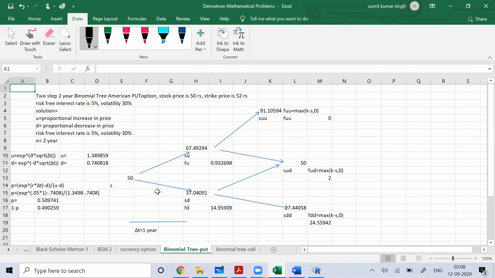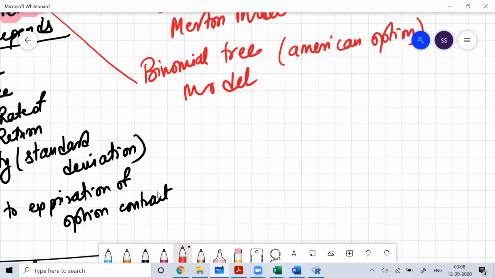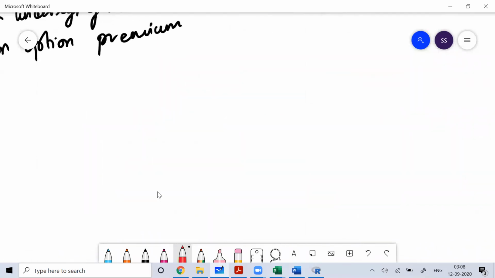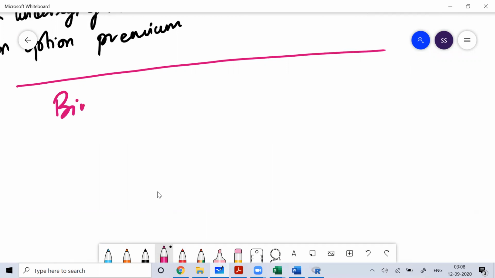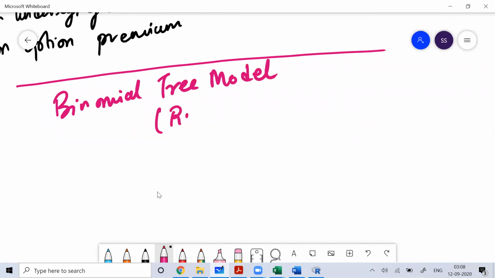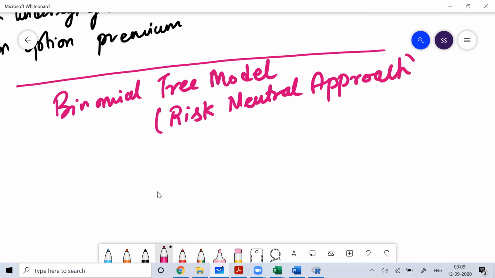In the binomial tree model, we assume a random walk movement for the underlying asset price.